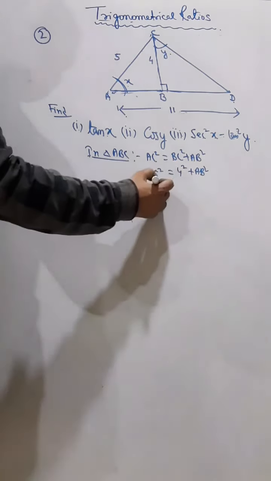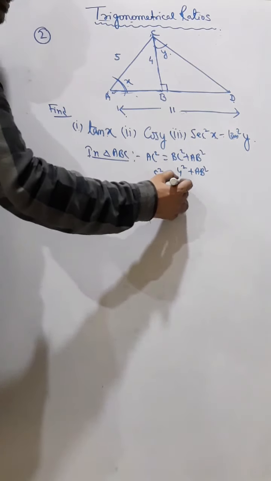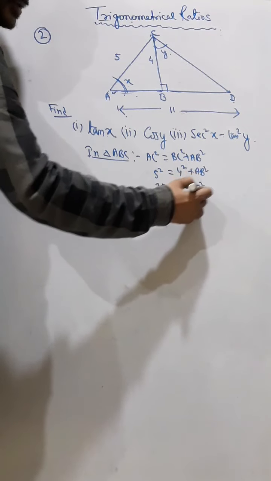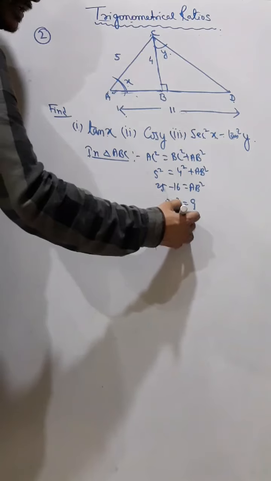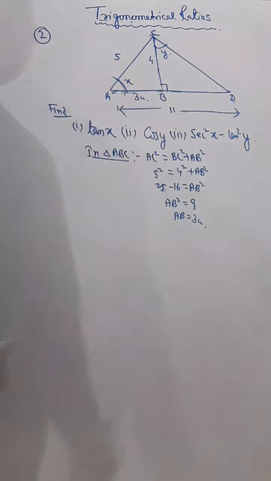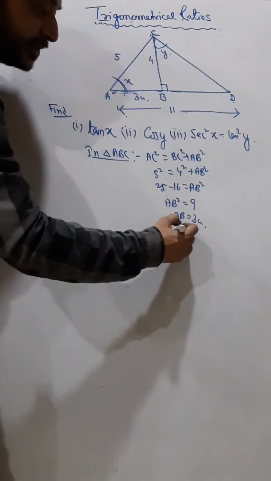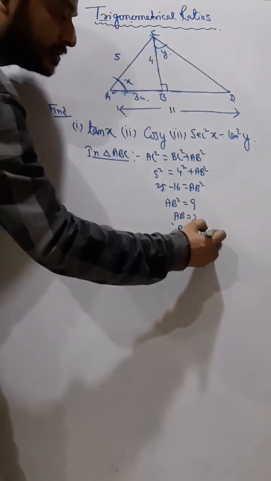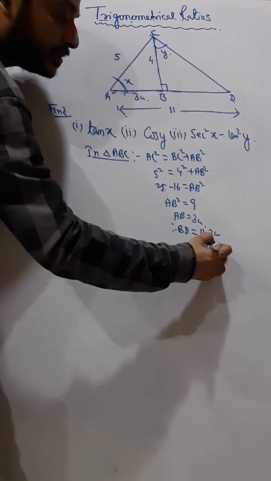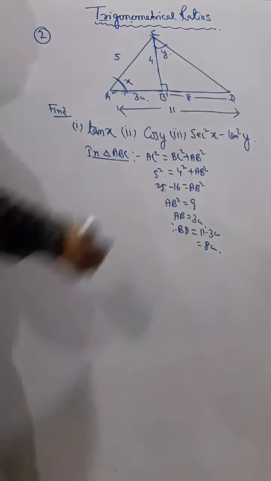Okay, so we get 25 minus 16 is equal to AB square, and we'll get AB square as 9 and AB is equal to 3. Okay, so we got AB as 3. So from here we can also get BD, and therefore BD is 11 minus 3. So that is 8 centimeters. So I got this one also as 8 centimeters.